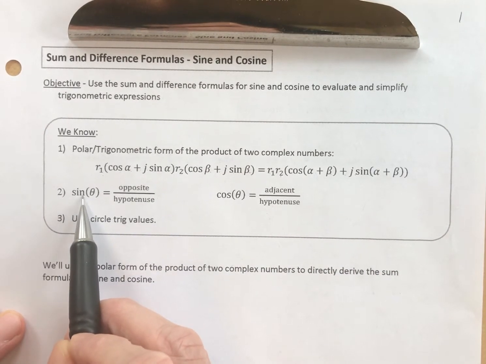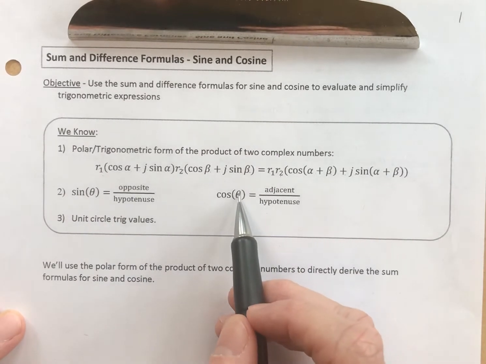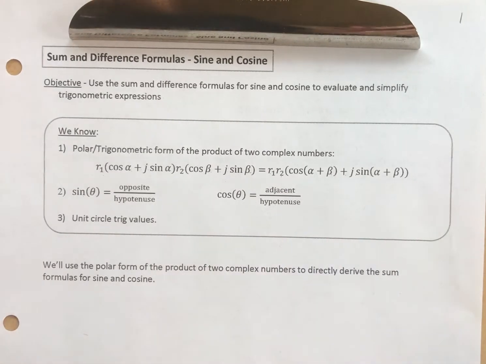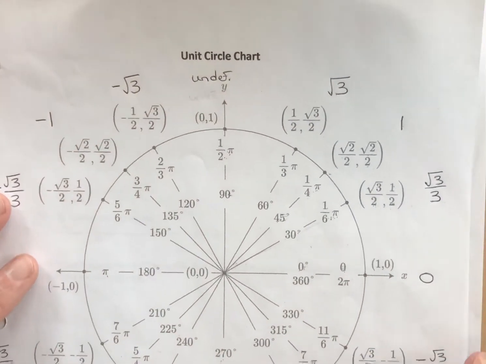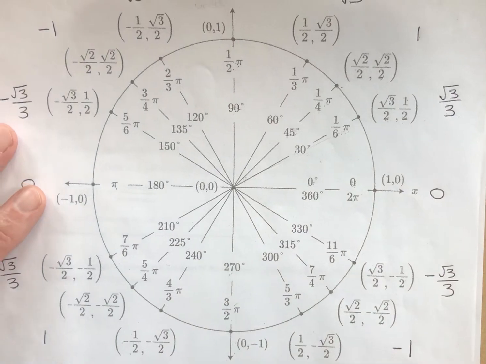And we know the sine of theta is equal to opposite over hypotenuse. The cosine of theta is equal to adjacent over hypotenuse. And finally, we're going to bring in the unit circle values. I have my unit circle chart here, and I can get most of it on the screen, I think.